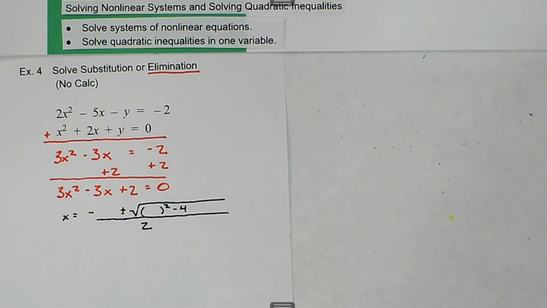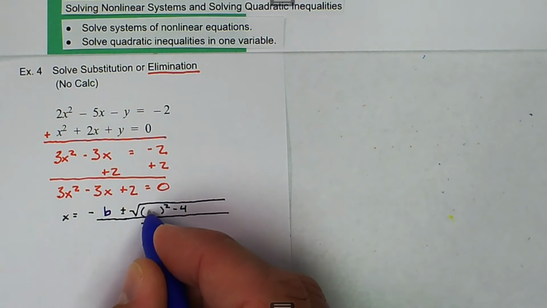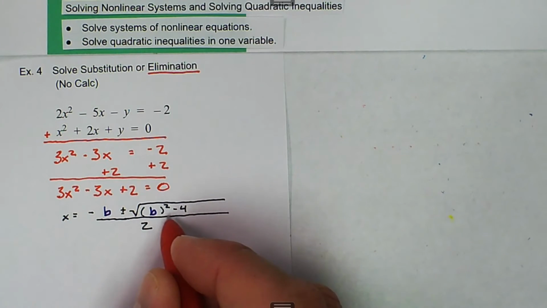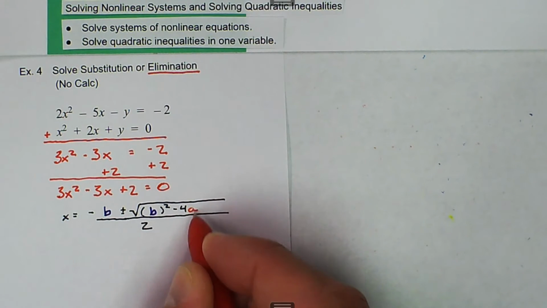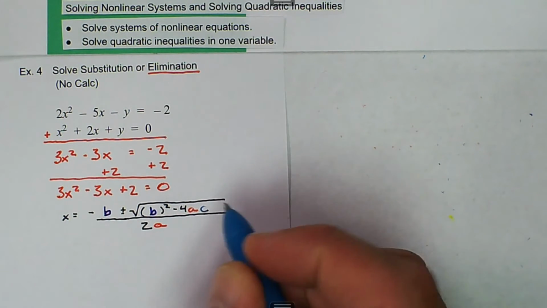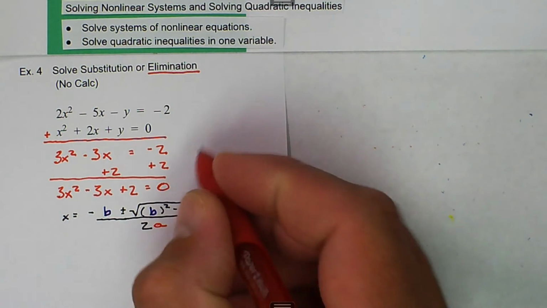And then we just have to identify what a, b, and c are. So from our formula here, we should be able to identify those things.